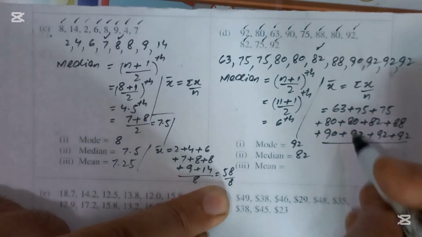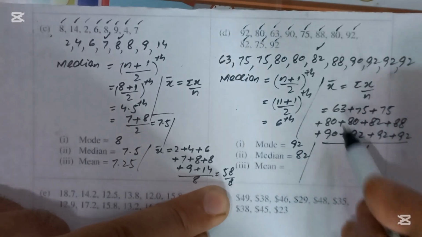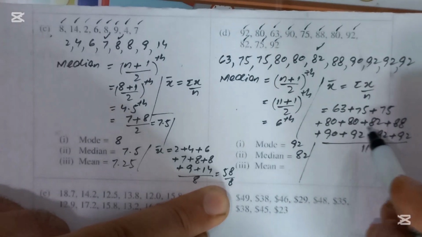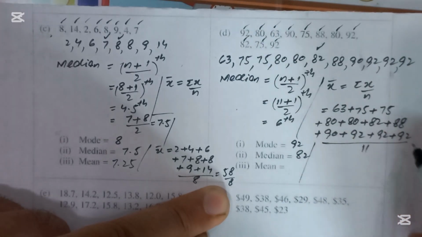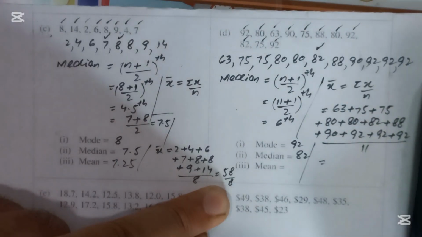And n stands for the number of terms, so 11 will be in the denominator: 1 2 3 4 5 6 7 8 9 10 11. Now we will sum these values on the calculator.